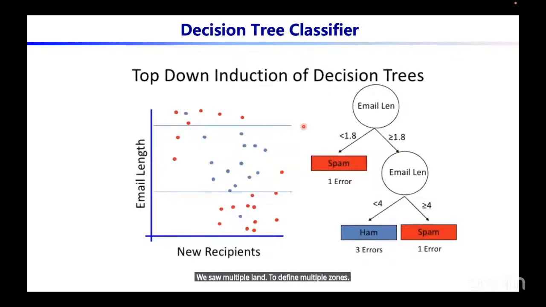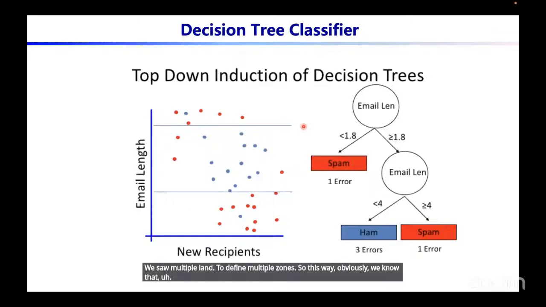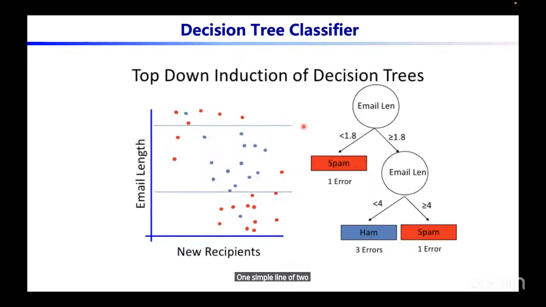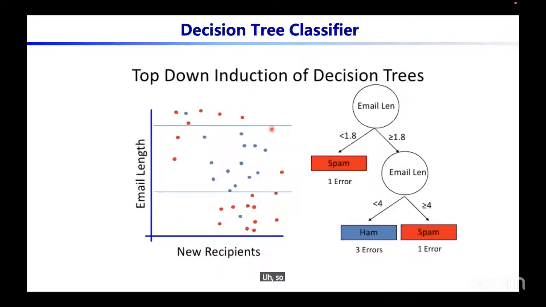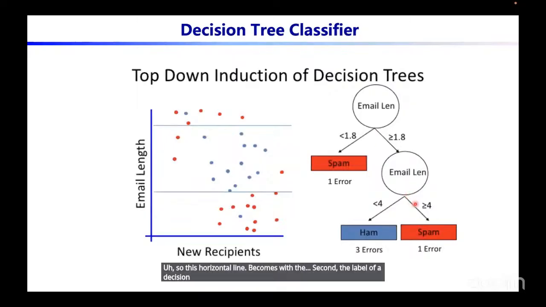Obviously, one simple line of 2 zones is not good enough. Based on what we see with our eyes, we know that there must be multiple zones, right? So we add a second horizontal line. This horizontal line becomes the second level of the decision tree, a deeper level.